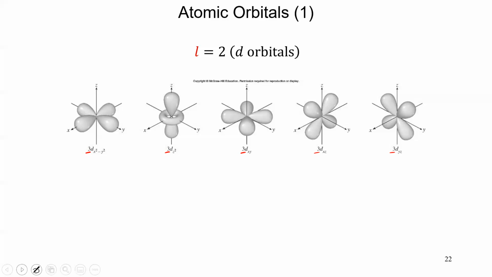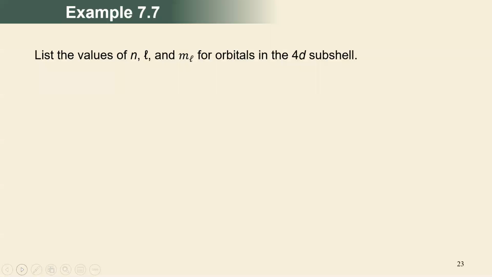But going through and using our knowledge of quantum numbers, for orbitals in the 4d subshell, what are the values of n, l, and m sub l? So for the 4d subshell, what are the possible values of n? Would it be 5?